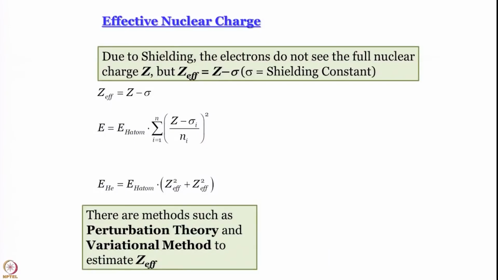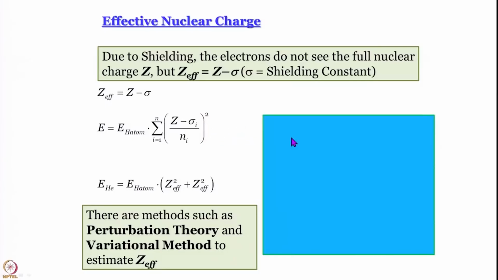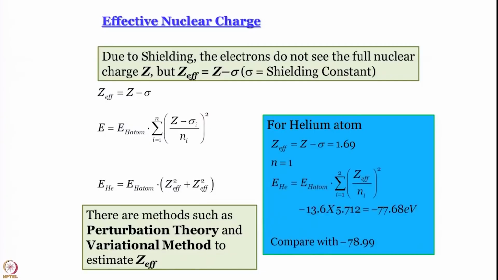Now we will just demonstrate using a simple calculation. Let us say that we talk about the helium atom as usual. Z effective is 1.69, n equal to 1. So, the energy of helium accounting for shielding turns out to be minus 77.68, whereas the experimental value is minus 78.99.